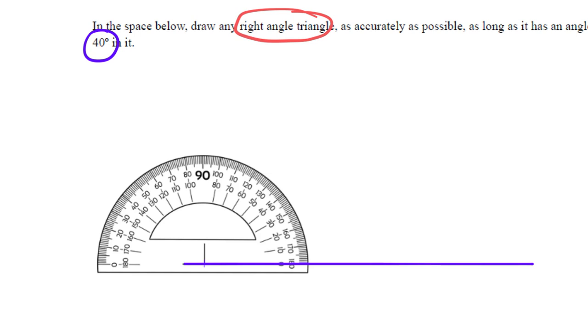So I am using these as my angle markers inside. I now need to go up to 40 and I can see my 40. That is the equivalent of 140. So I want to come out here at the end of that 140 and make as accurate of a little tick as I can. So I'm going to erase that and now try to be as accurate as I can be.